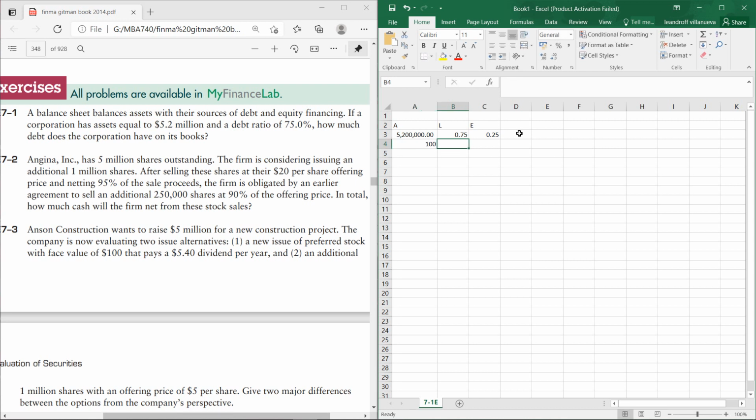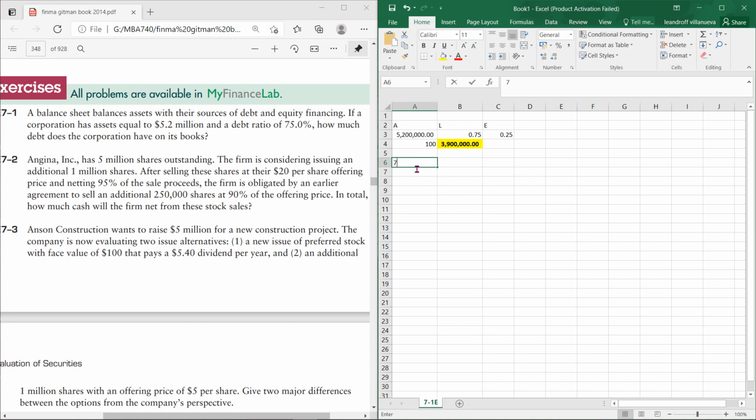So what would be the answer? That would be 75% multiplied by 5.2 million. So the answer in this particular problem would be 3.9. Okay? So let's go to 7-2.